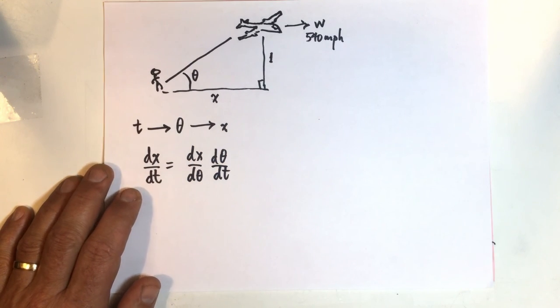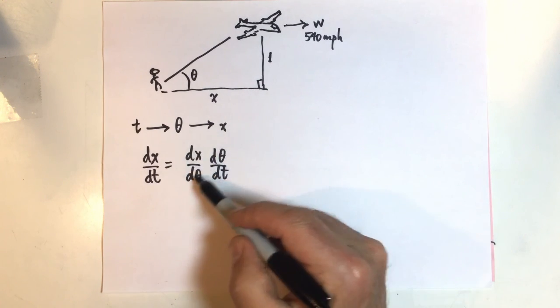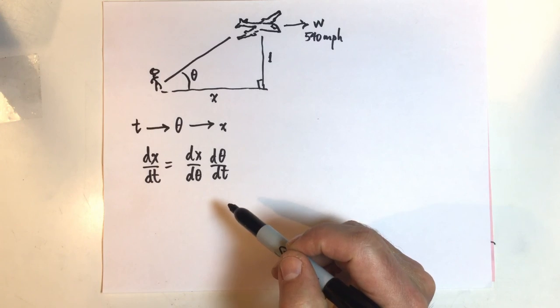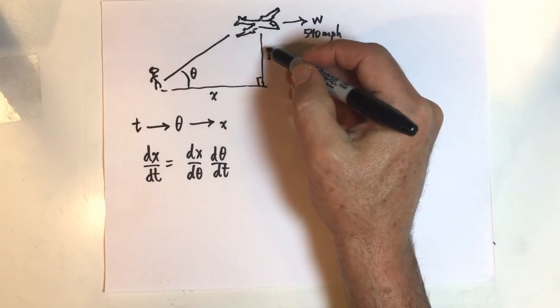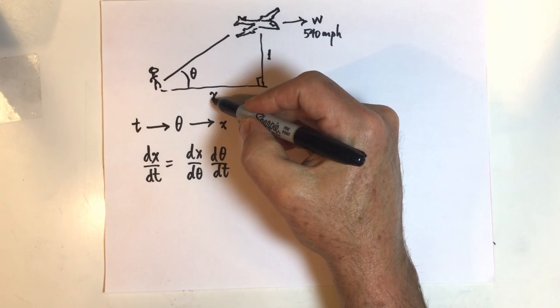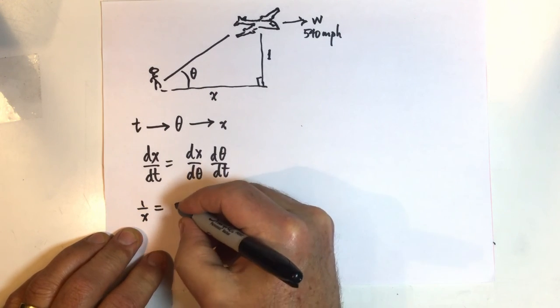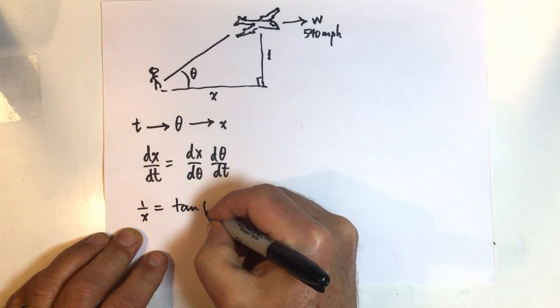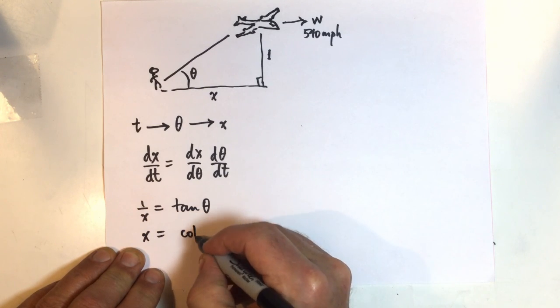And I left the most delicate part for the last, which is this derivative. We need to use a little bit of trig. If you take the tangent of theta, that's opposite over adjacent. So 1 over x, you'd most easily remember as the tangent of theta. And if you take 1 over that, x itself is the cotangent of theta.